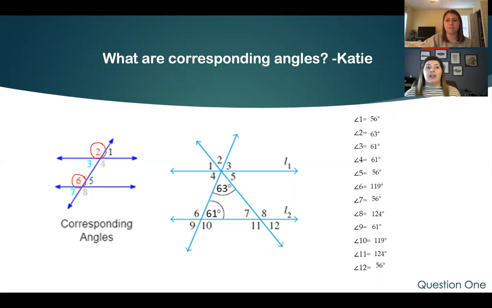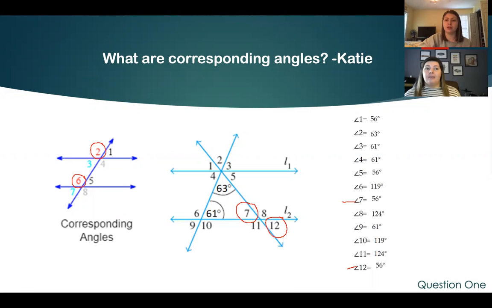And from that, we can see what's corresponding. The one that catches my eye is this acute angle here, which is 7 and 12. They are both acute angles. And I see here that 7 and where's my 12? There it is. 7 and 12 each share the angle of 56 degrees.